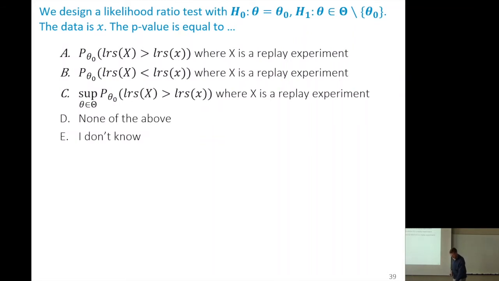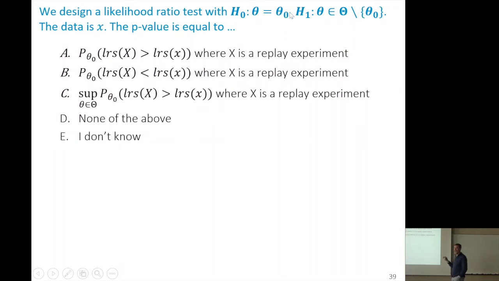Okay, one small question to test things. We designed a likelihood ratio test. And the likelihood ratio test is simply saying whether a specific value of the vector of parameters θ0 is true or not.